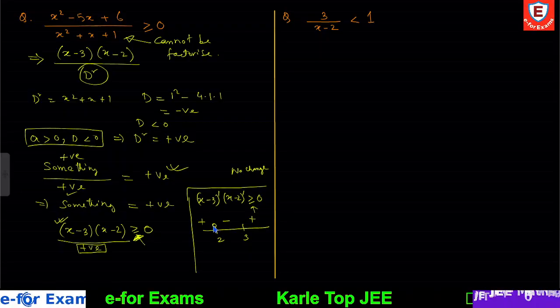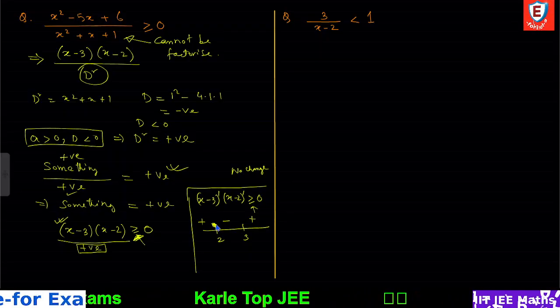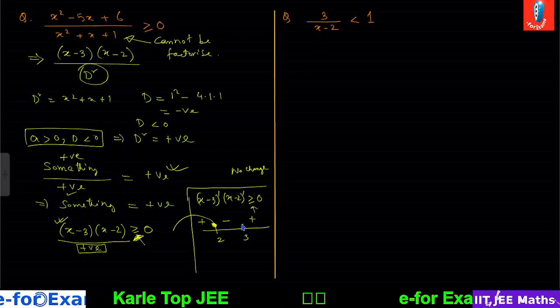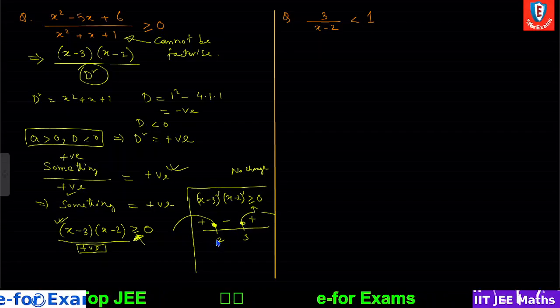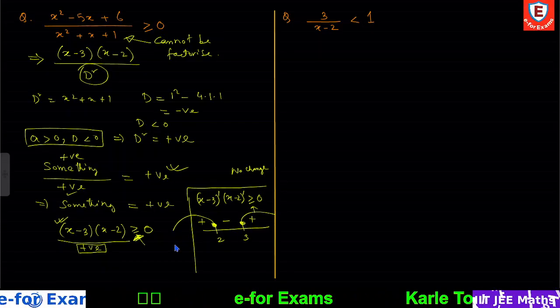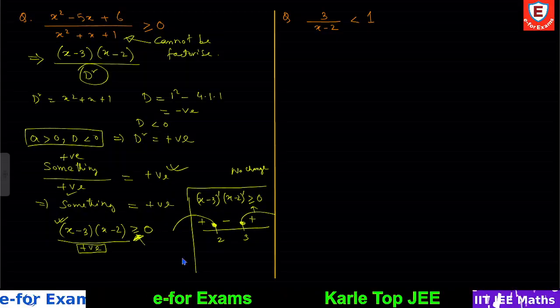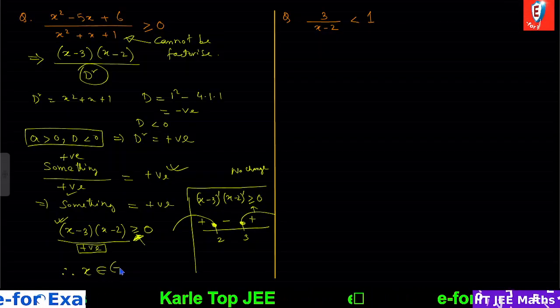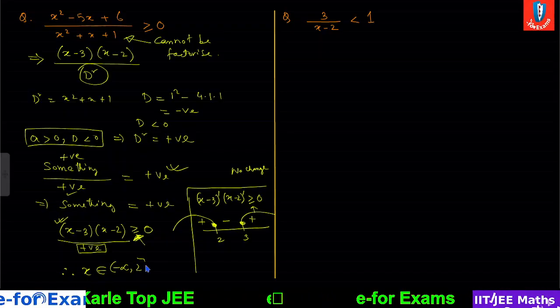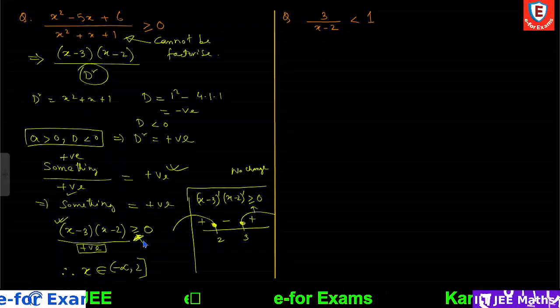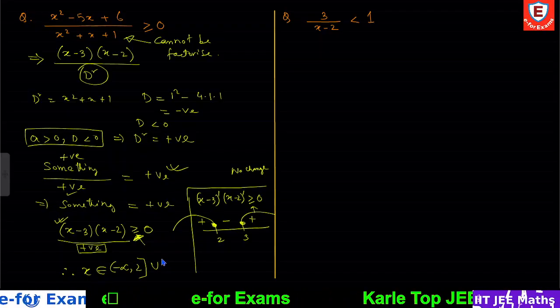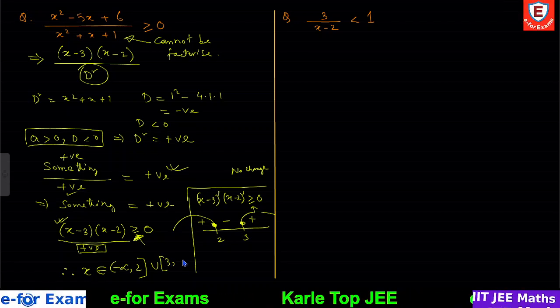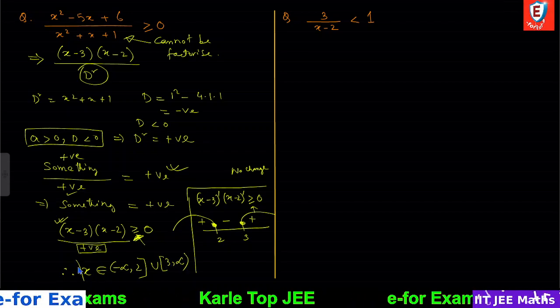Greater than means positive intervals, this one and this one: minus infinity to 2 and 3 to infinity. Therefore x belongs to minus infinity to 2, 2 is included here, equal to is here, right? And union 3 including 3 to infinity. This is the solution.